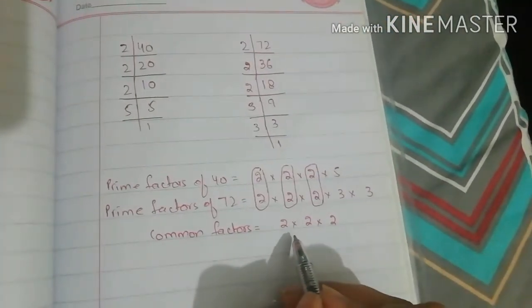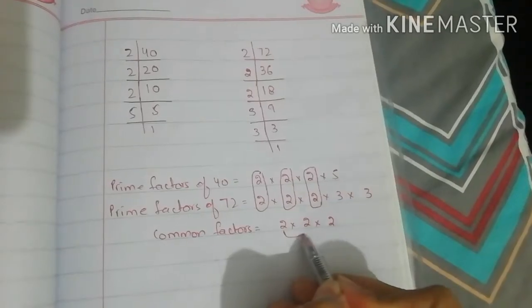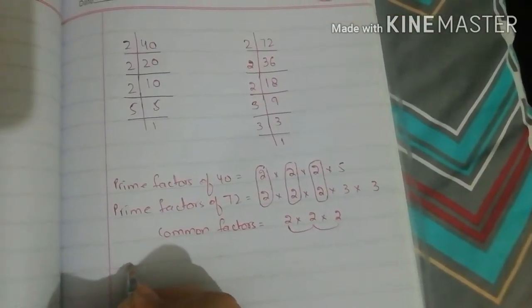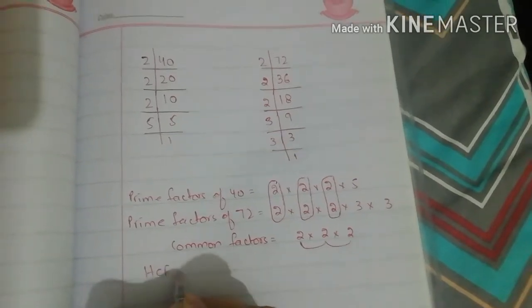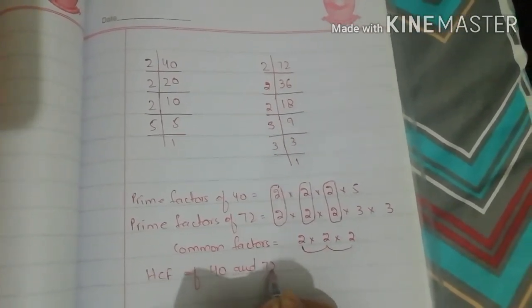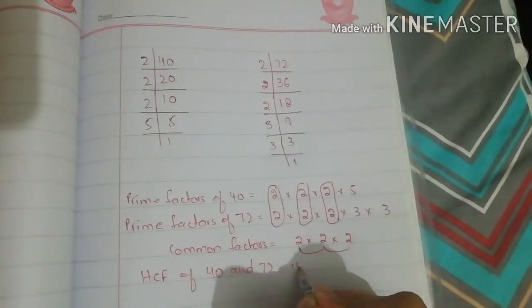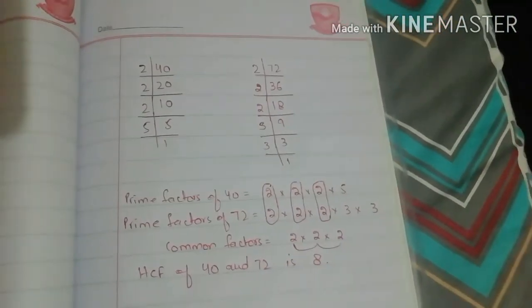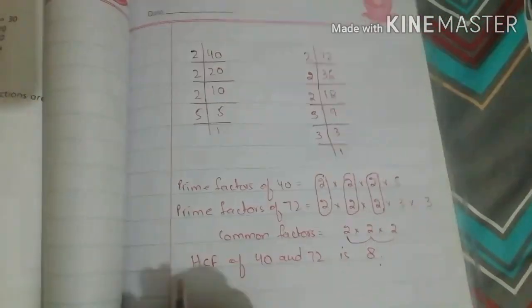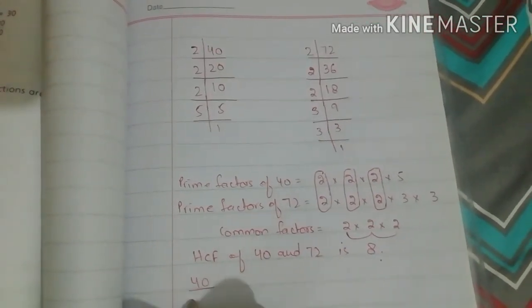Now we will multiply all these numbers. 2 2s are 4, 4 2s are 8. So the HCF of 40 and 72 is 8. Now we will divide 40 and 72.